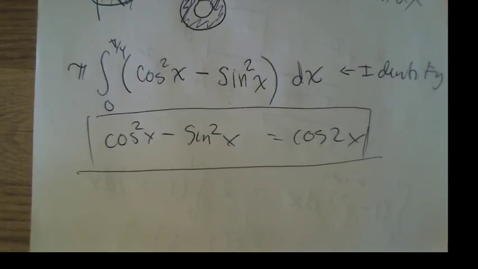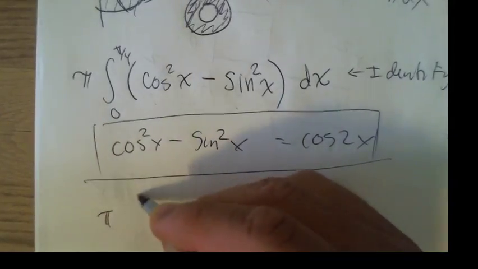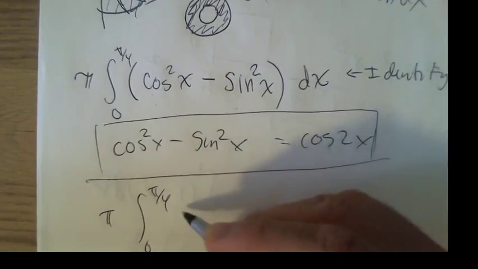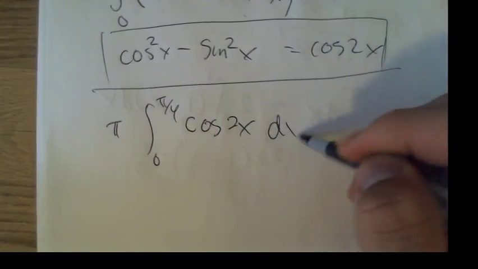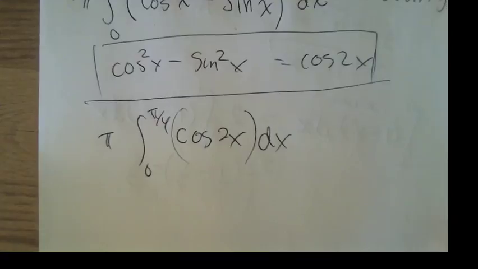Okay, so now from here, we have cosine of 2x, and now that becomes a much more straightforward integral.